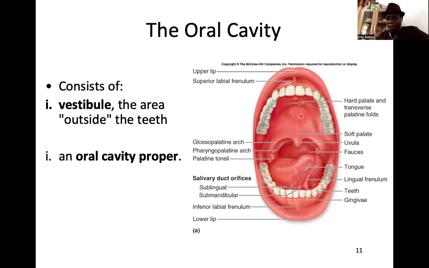Then also you have this important part which we usually gloss over, the soft and hard palate, okay? Especially the hard palate. When you have an infection in the mouth, you have a lot of inflammation here, okay? And it doesn't feel comfortable at all, the hard palate. You feel some globular ridges there with your tongue, okay?